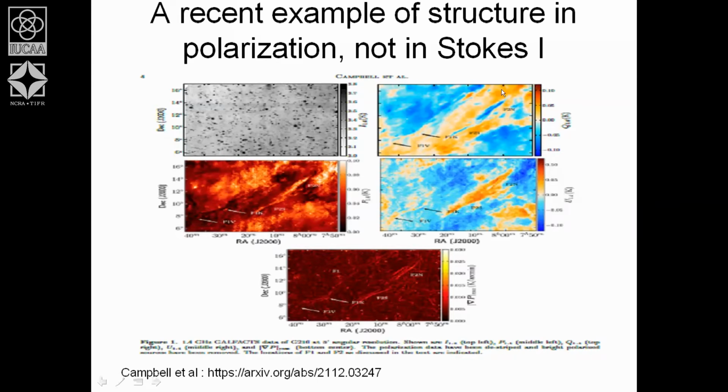And this is for the Q and U, and this is the total polarized intensity. Then one can look for even the gradients in the polarized intensity, and people have detected fine filamentary structure, which can be traced to certain components of the interstellar medium. For example, one of them has a coincident H-alpha filament.